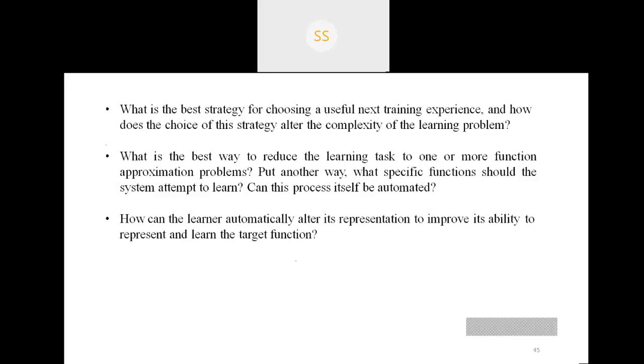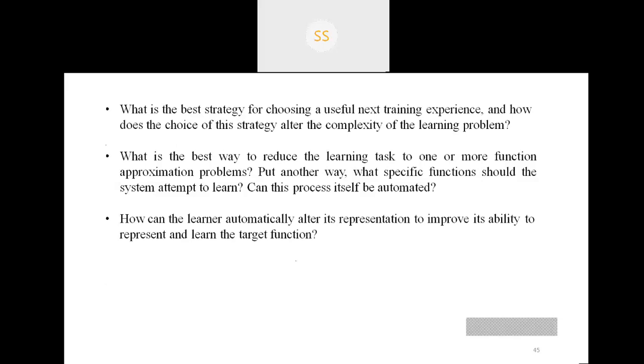And what specific function are we supposed to learn, and how can the learner automatically alter its representation to improve its ability to represent and learn the target function?